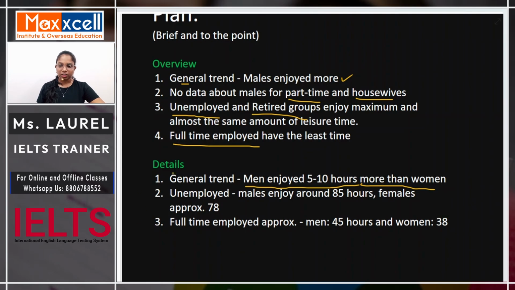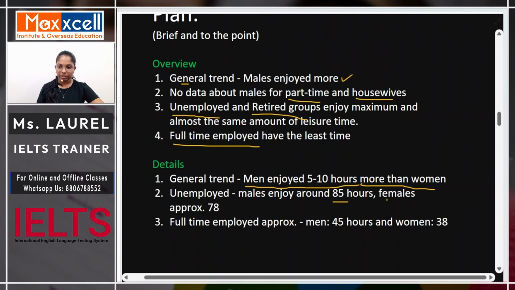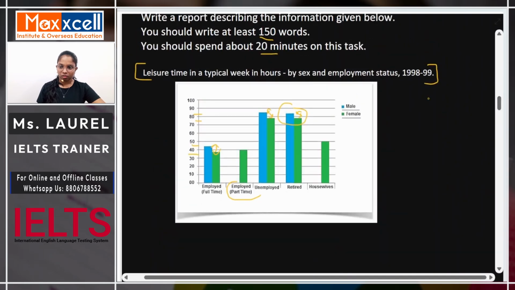Then the next part is the unemployed. Here you can see the unemployed people, and here we have written down that males enjoy around 85 hours and females enjoy approximately 78. Here you can see that, this part, and then this part here, 78 almost.